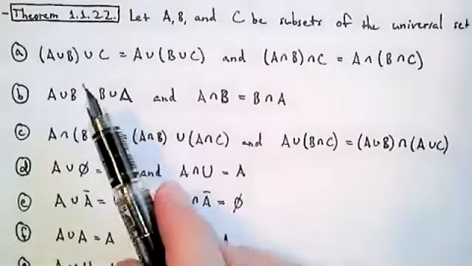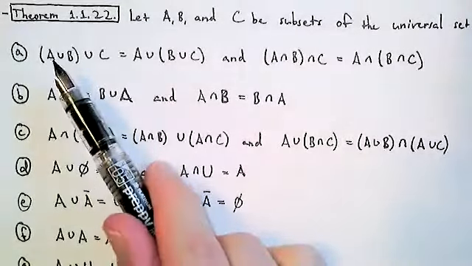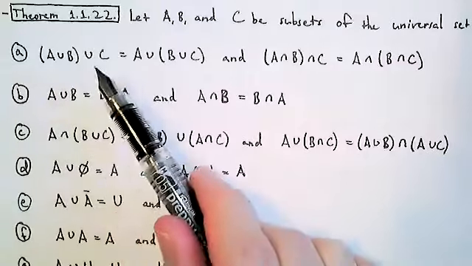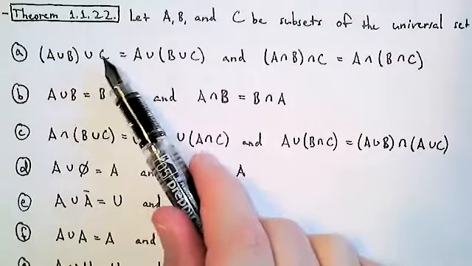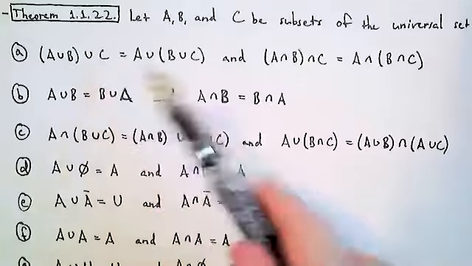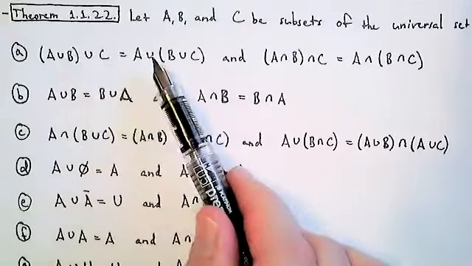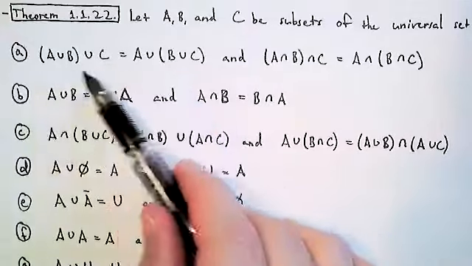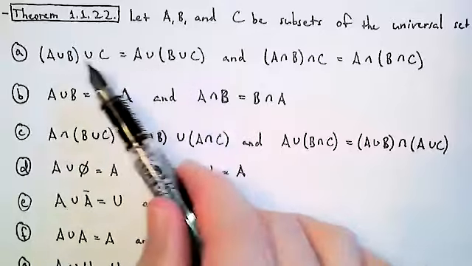Let's just start at the beginning. Here I have A union B, and then I'm also taking the union of that with C. And what this theorem is telling us is that I can switch the order. I can move the parentheses.